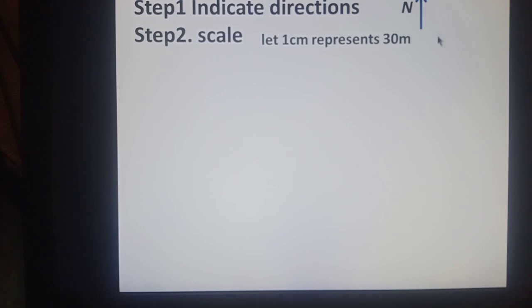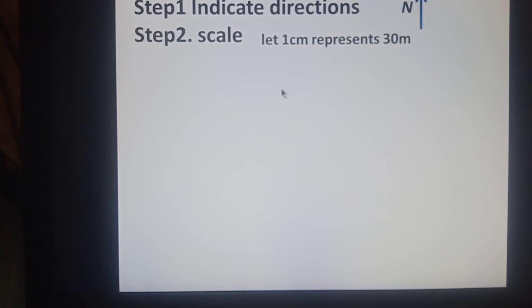Say in this situation, let 1 centimeter represent 30 meter, because 30 is a number that divides both the values 90 and 120 equally, completely. Let 1 centimeter represent 30 meter. Means 30 meter displacement on the ground is represented by 1 centimeter length of a line on paper.